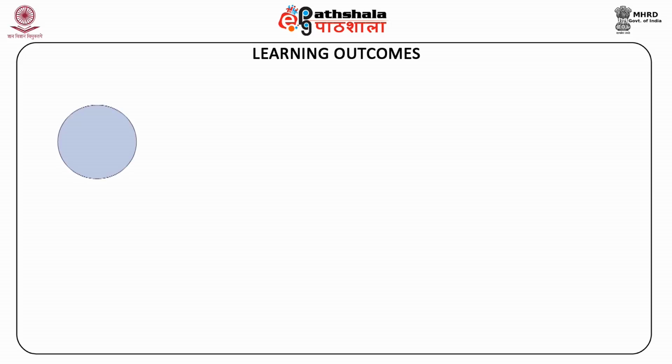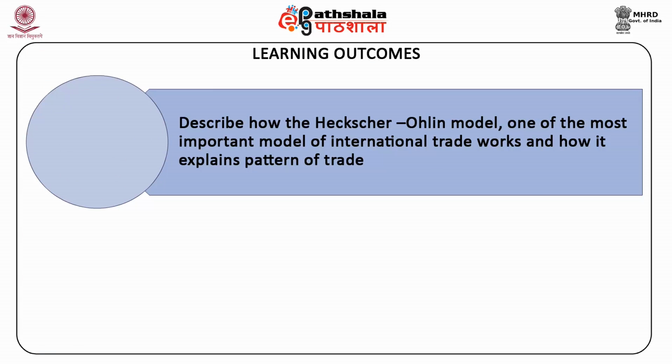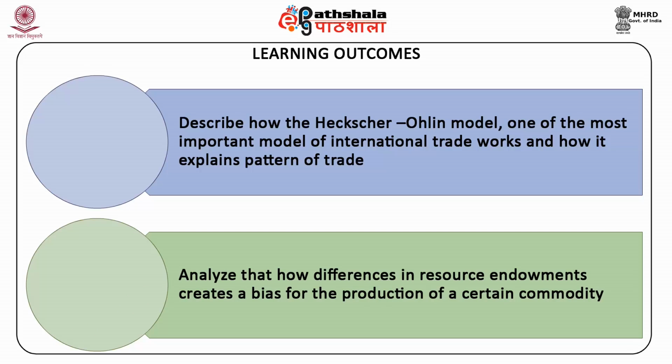You shall be able to describe how the Heckscher-Ohlin model, one of the most important models of international trade, works and how it explains patterns of trade. Analyze how differences in resource endowments create a bias for the production of a certain commodity.